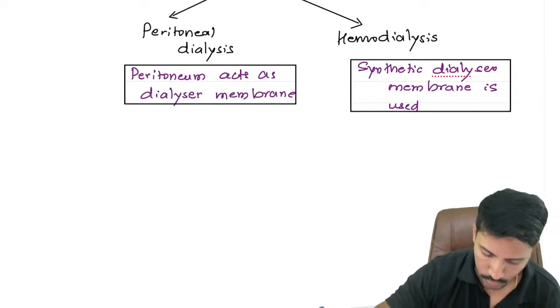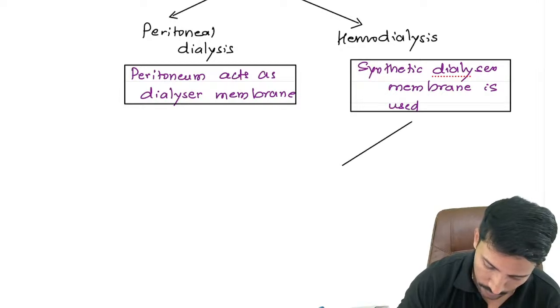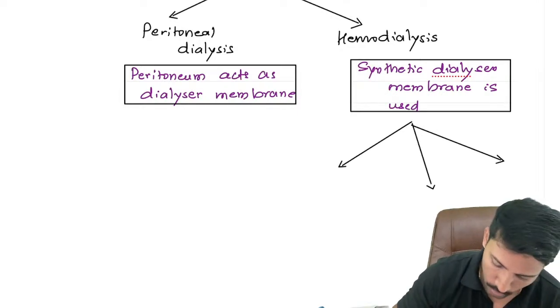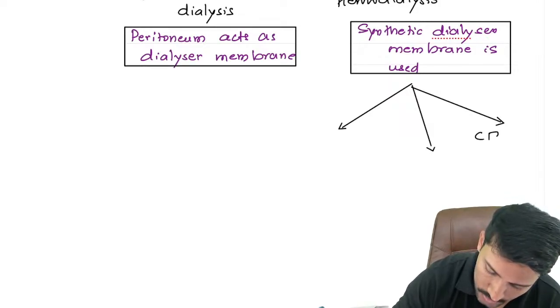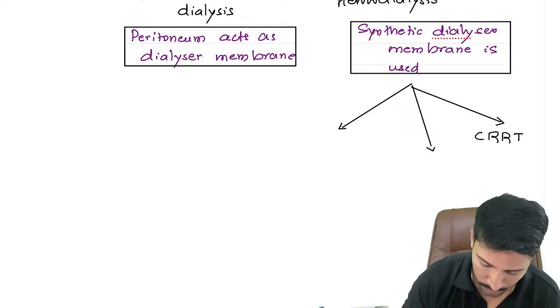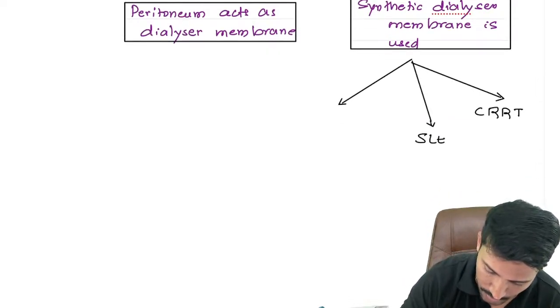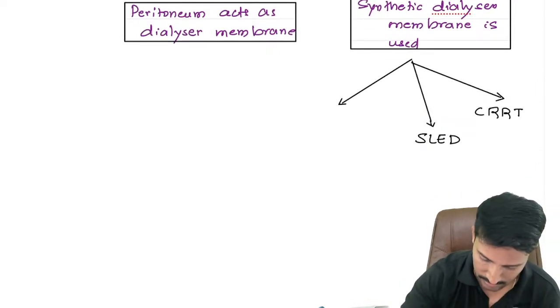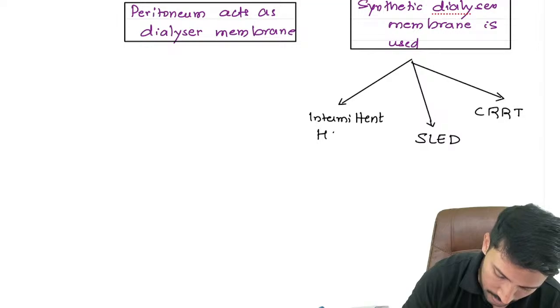Okay. Now in hemodialysis, we have further types. What are those types? One of them is called continuous renal replacement therapy, then slow, low efficacy dialysis, and intermittent hemodialysis.